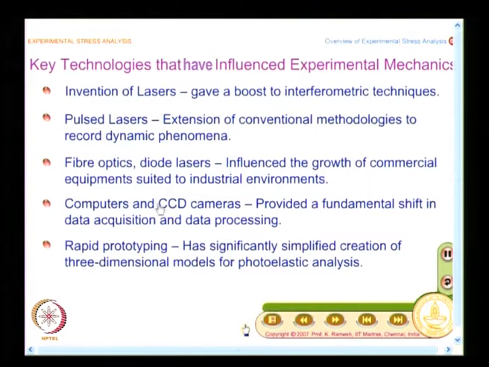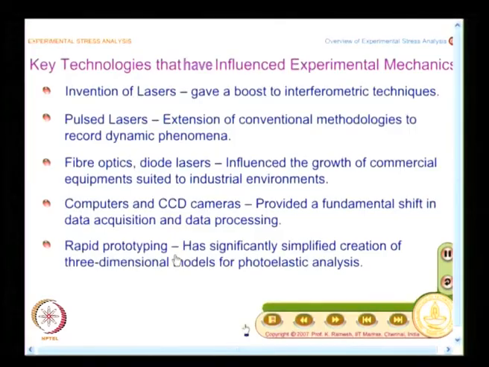With the development of CCD cameras, the human eye is replaced by the electronic eye. I said that in the 1930s most of the designs were verified by performing a 3-dimensional photoelastic analysis, and for 3-dimensional photoelastic analysis, model making is a crucial, very involved step, and the model should be as precise as possible to mimic the 3-dimensional object.